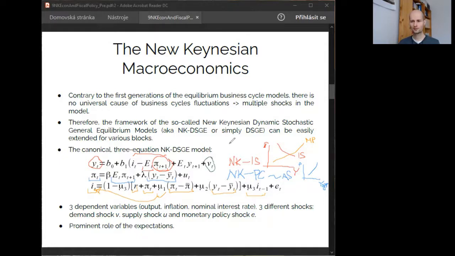Here, there is an aggregate demand shock explicitly, so dynamic simulations are possible. Here is an aggregate supply shock, so supply shocks are quite well and explicitly represented. And finally, here is a monetary policy shock. That means that the central bank is allowed to affect behavior by some unexpected change in their monetary policy stance.